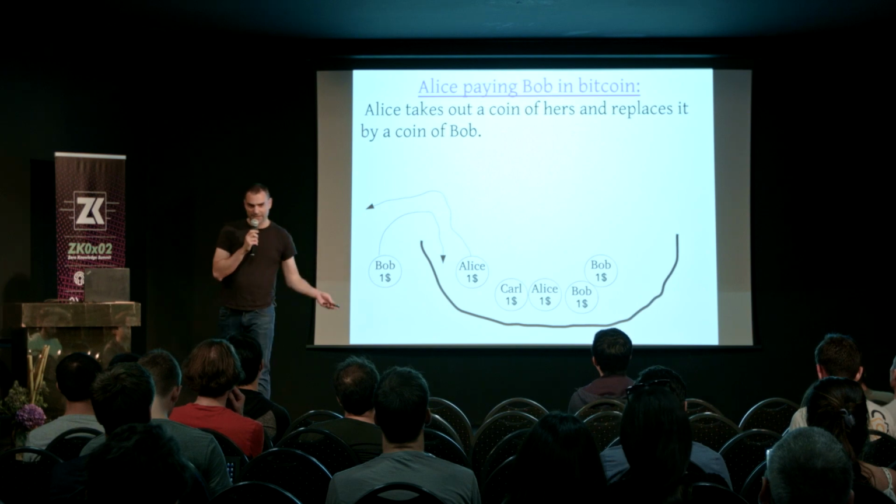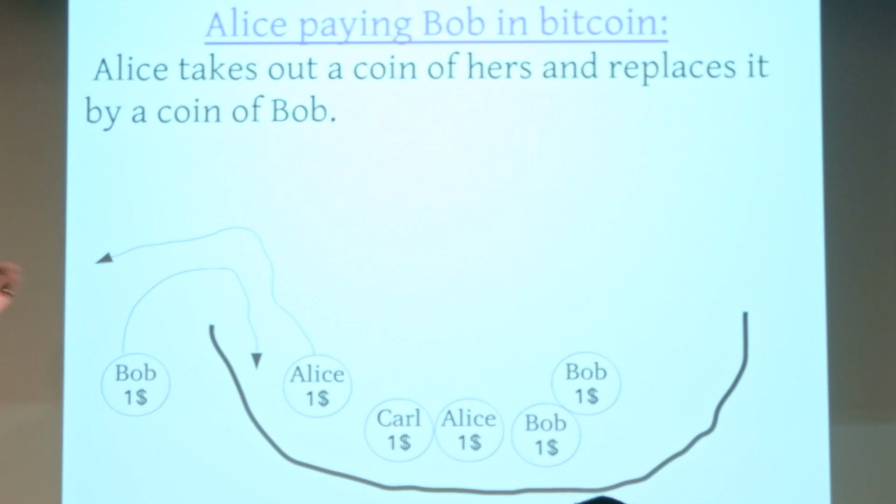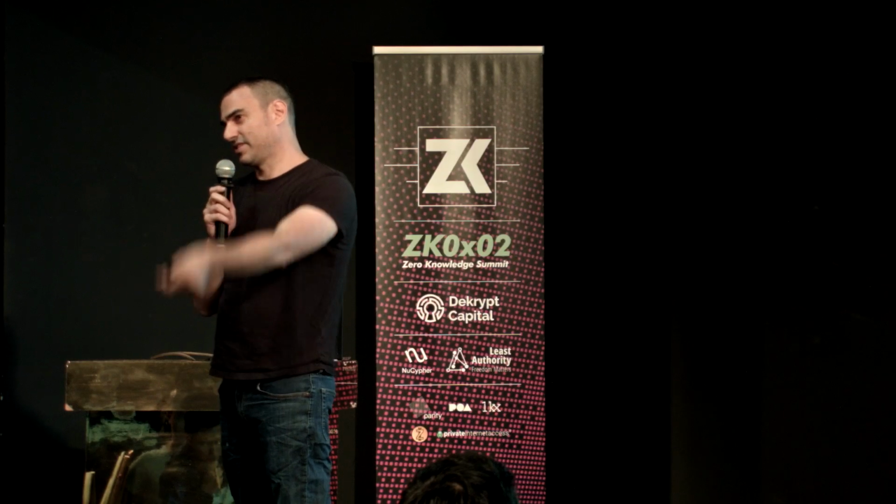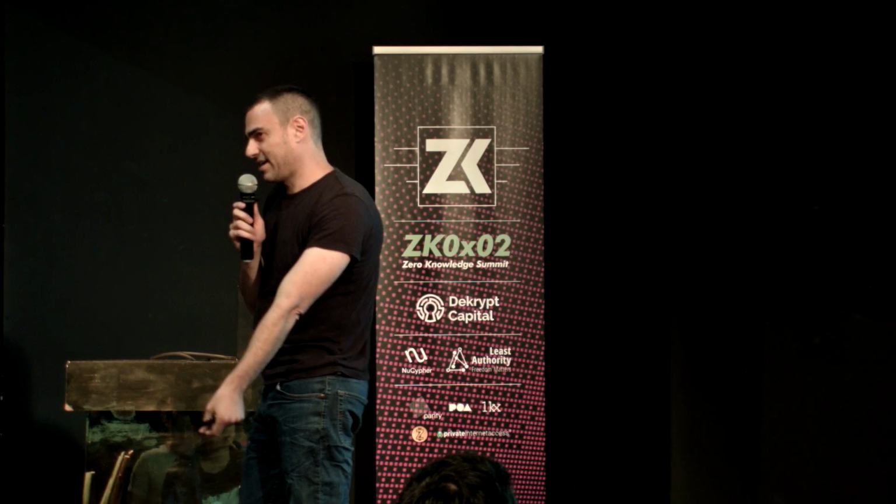So how does payment happen in Bitcoin when you're thinking about it like this? Alice wants to pay Bob, so she creates a new Bob coin. She puts it inside the bowl, and at the same time, she takes out an Alice coin.